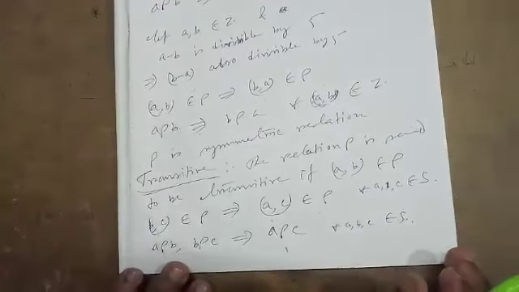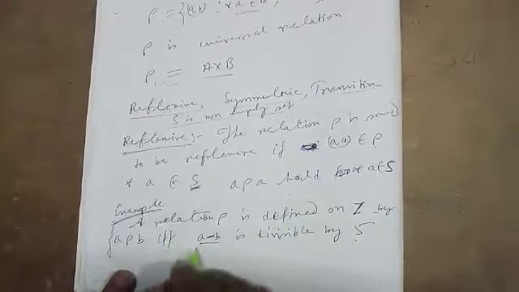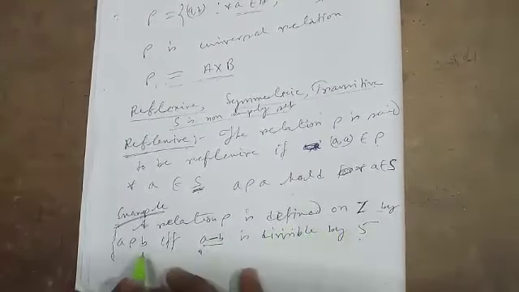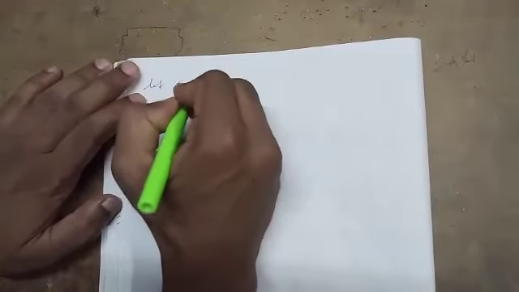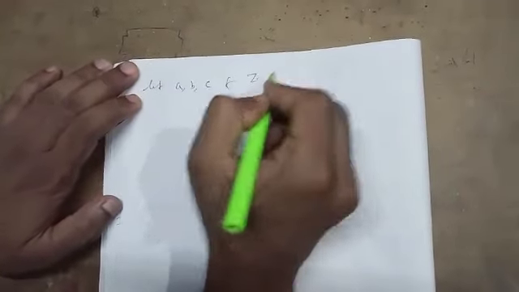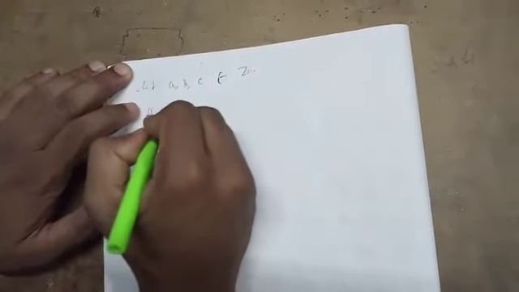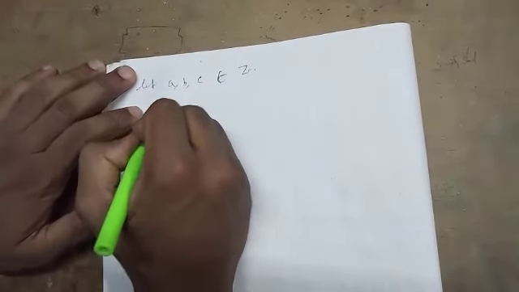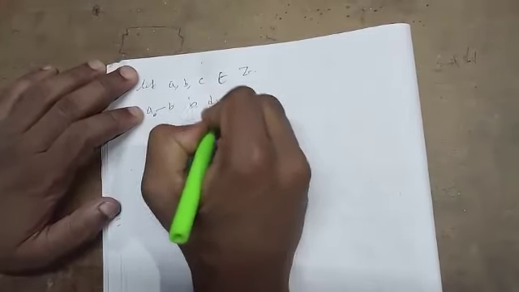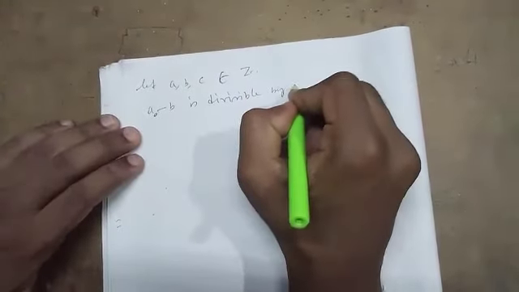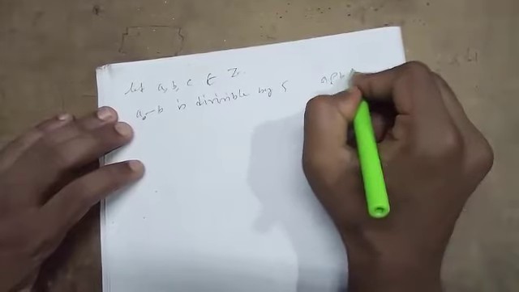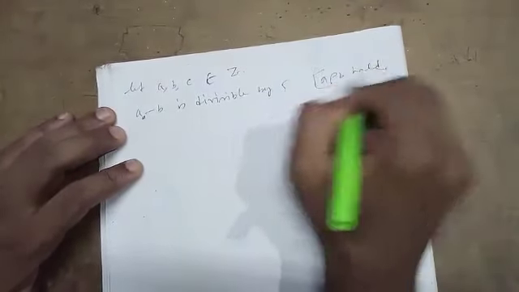Okay, let us take an example, the previous one. The relation is defined on Z by a rho b if and only if a minus b is divisible by 5. Is it transitive or not? Let a, b, c belongs to Z, and a minus b is divisible by 5 because a rho b holds.